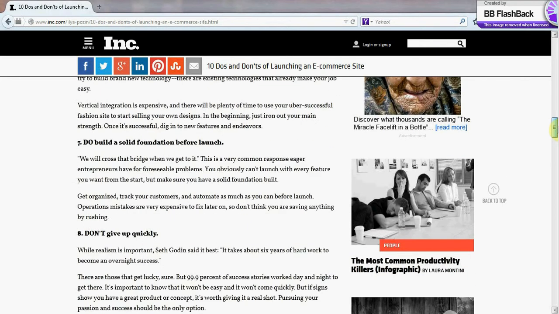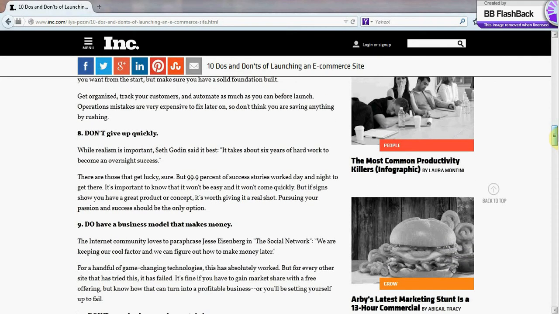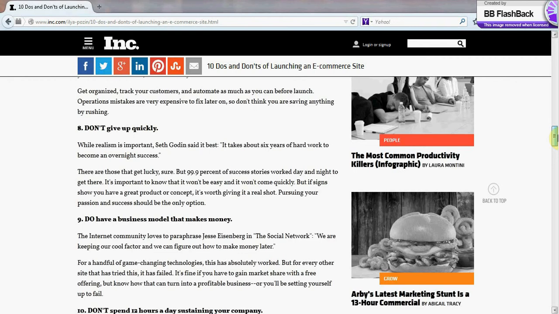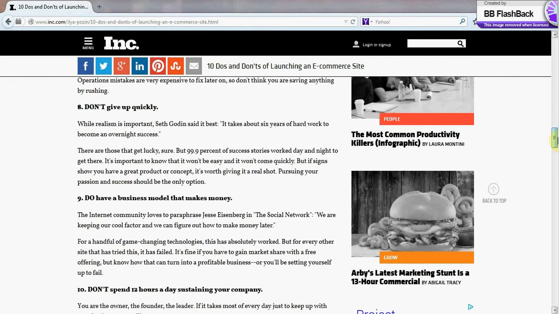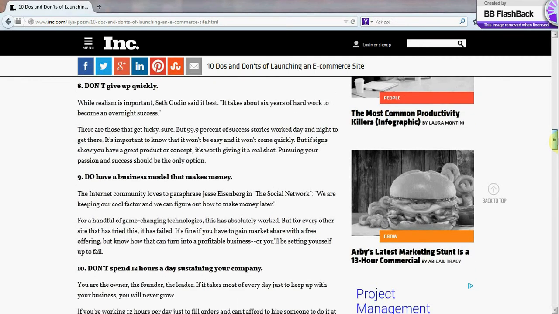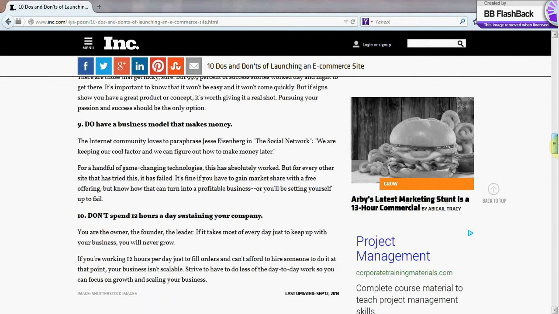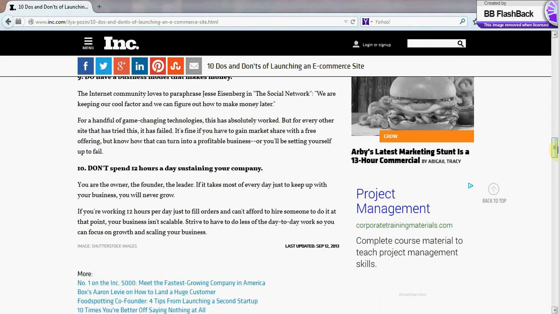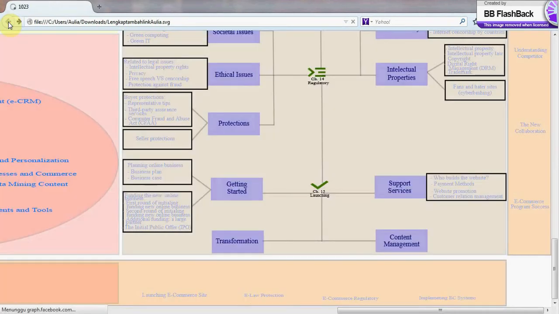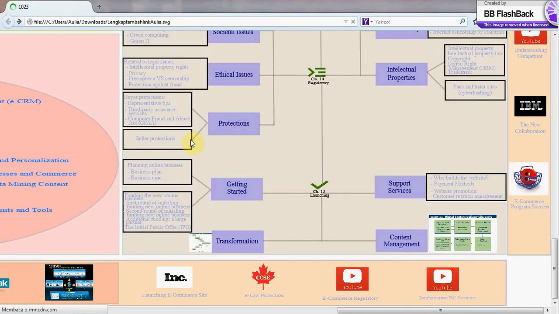Do build a solid foundation before launch. Don't give up quickly. You have to try hard. Do have a business model that makes money. And the last one, don't spend 12 hours a day sustaining your company. This article was updated in September 2013. So that's 10 do's and don'ts to launch your company.